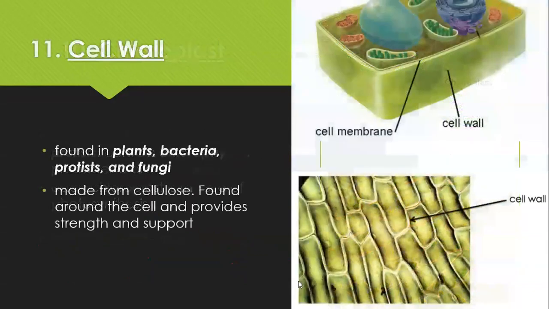Now, a cell wall is found in plants, bacteria, protists, and fungi, but in plants, the cell wall is made up of cellulose. And cellulose is a special type of sugar that's made by putting a bunch of glucose molecules together, tens of thousands of them, giving it a little twist.